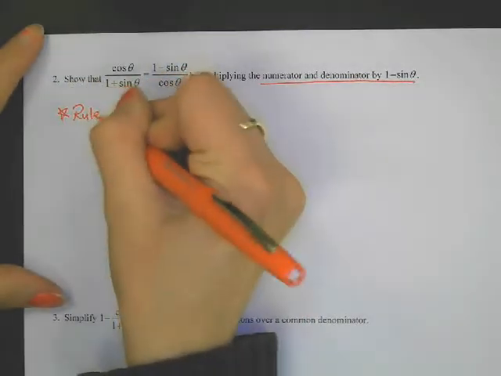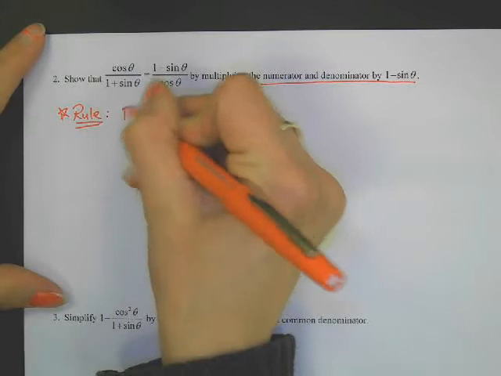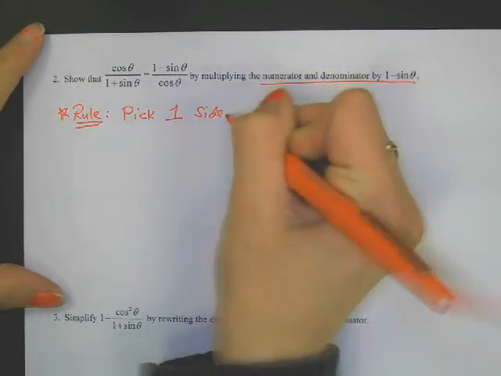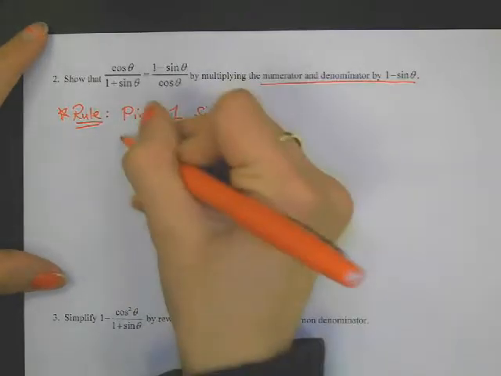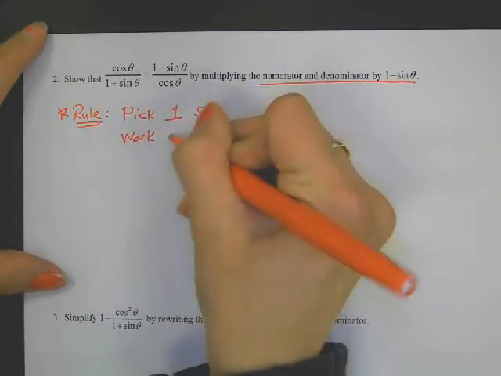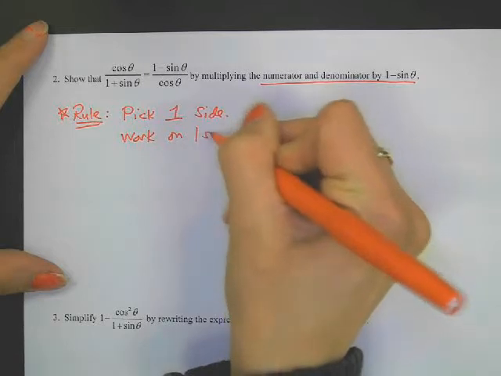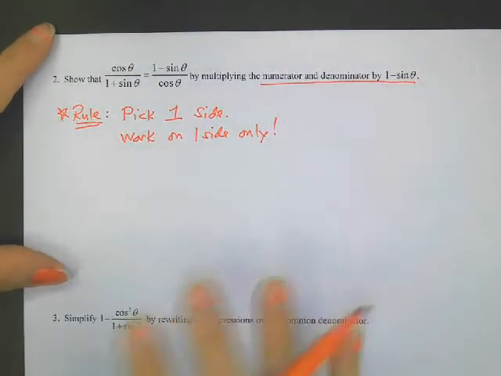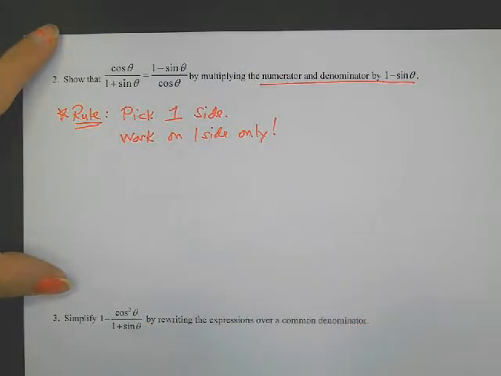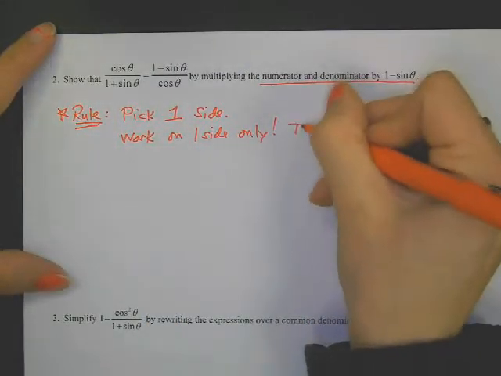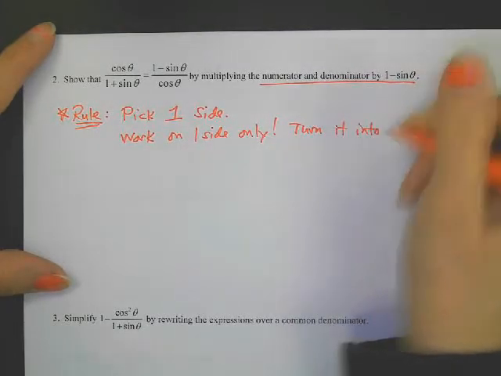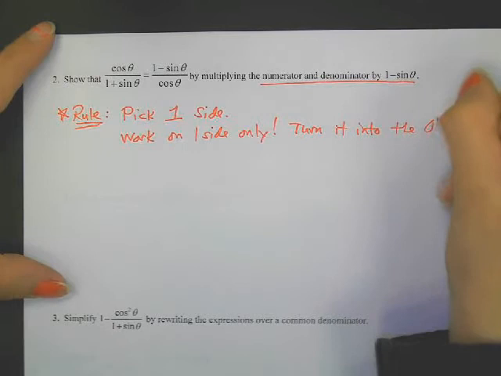You pick one side. You work on one side only. You work on it, and you turn it into the other side.